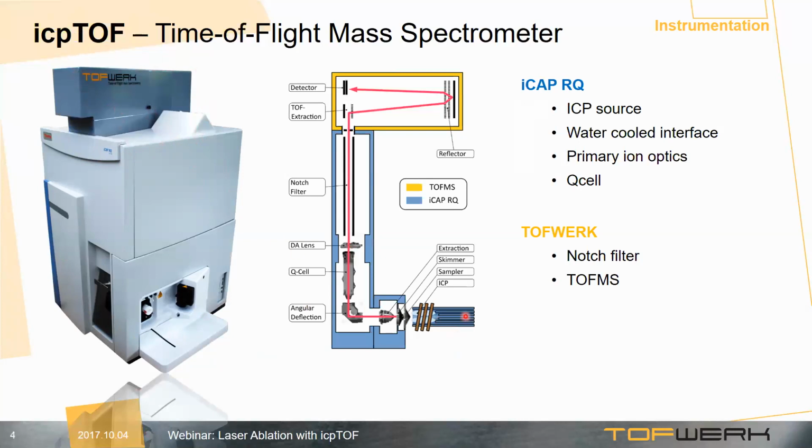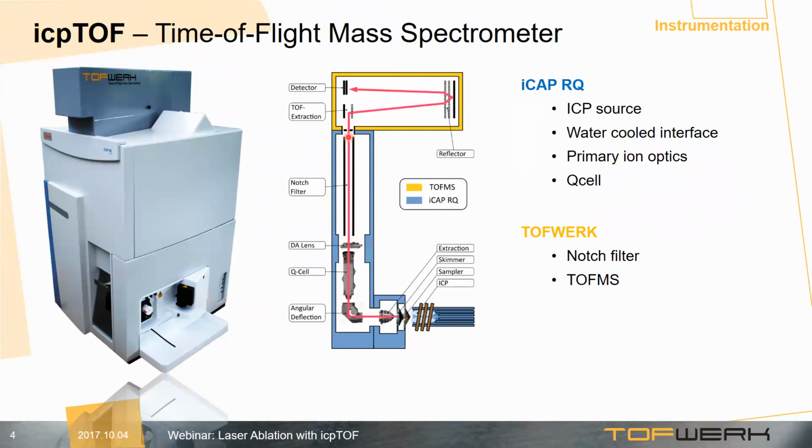In the schematic view in the middle, you can see that we keep the original ICP source and the ion optics. We also leave in this Q cell, which is a reaction or collision cell, if you want to get rid of certain interferences.